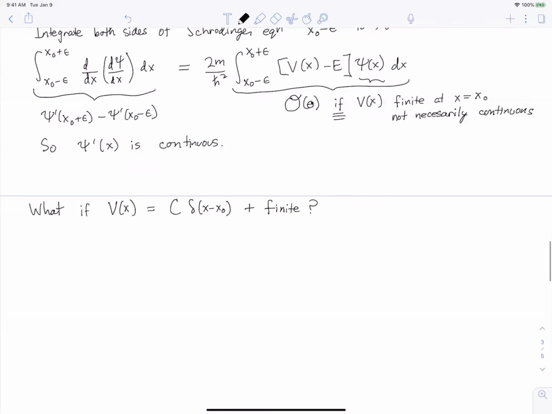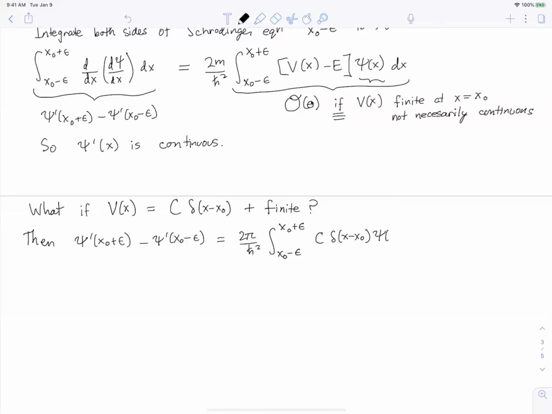Okay, so then we can do the same thing that we just did. What will change is that now we have psi prime of x0 plus epsilon minus psi prime of x0 minus epsilon. Okay, but now the integral looks like this. The finite part of the potential doesn't matter, but the delta function part can give a non-trivial answer.